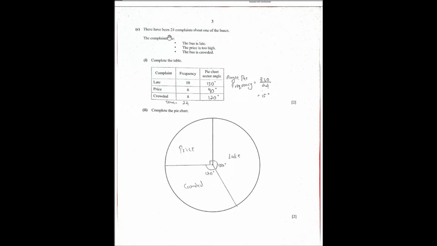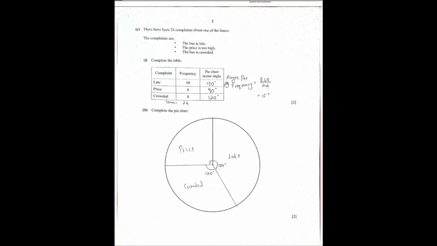Next, there have been 24 complaints about one of the buses. The complaints are: the bus is late, the price is too high, or the bus is crowded. Complete the table. So the complaint for the late, the frequency is 10, for the price is 6 who complained, and for the crowd is 8 people that complain.